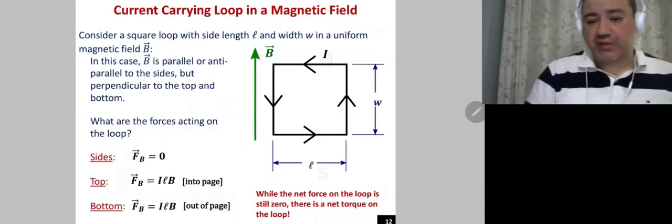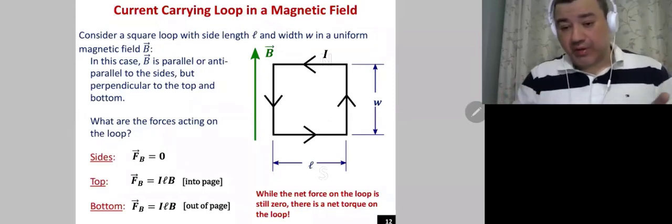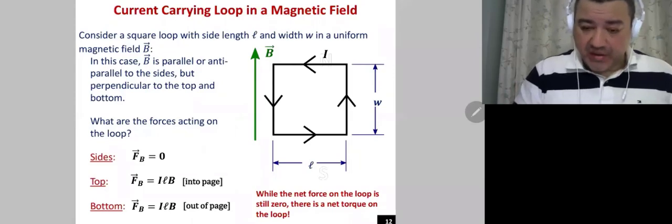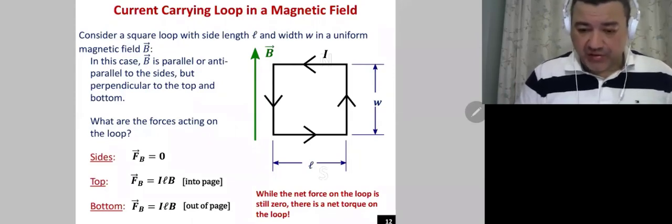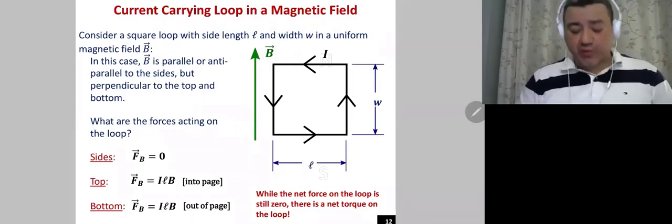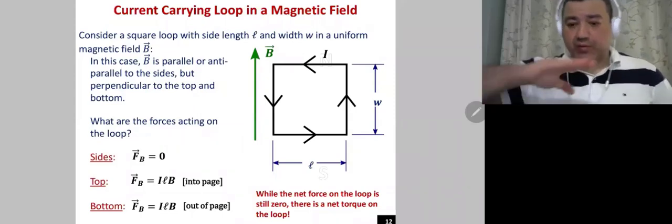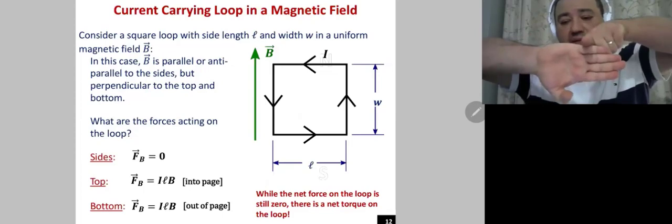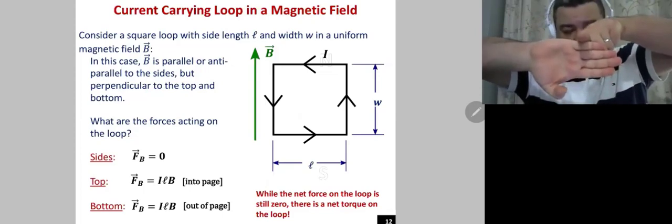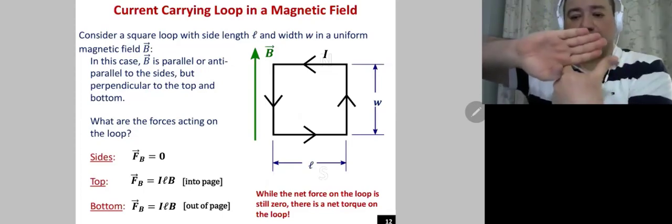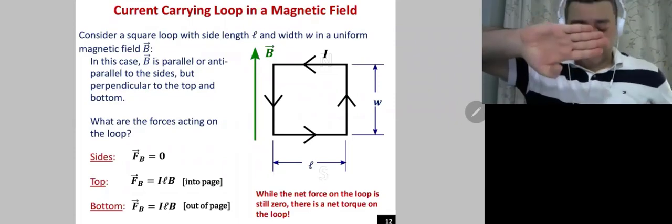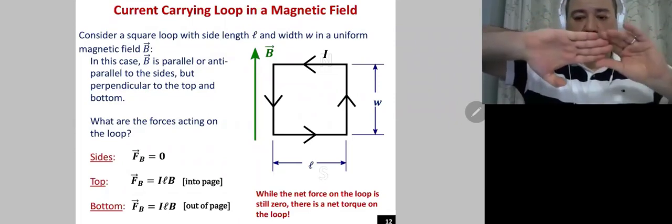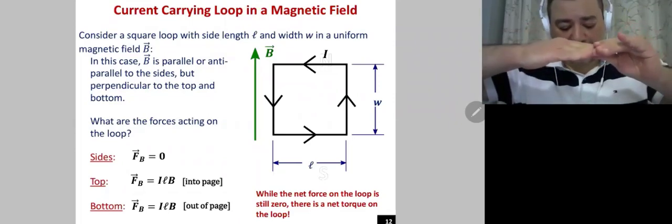This is going to result into a torque. Although the net force is 0, the torque is not 0, and this will cause this loop to rotate. So if this is the loop, I have the first force pointing into the page, the second force pointing out of the page. This is going to result into that loop rotating this way.